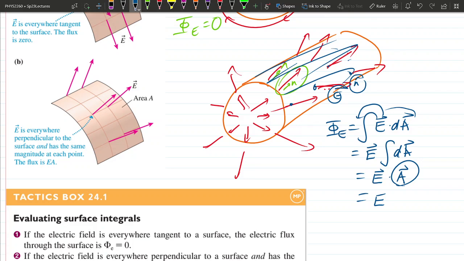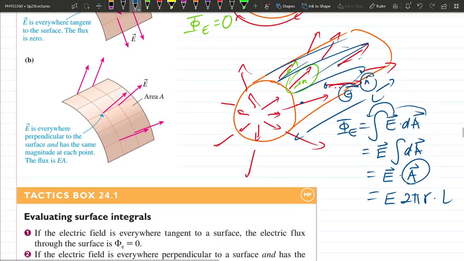I have to calculate the long edge, which used to be the circumference, and the width. So I just need to multiply the circumference times the width of this piece of paper. So that's just 2 pi r times the length of this. And we're going to see this in our next example.